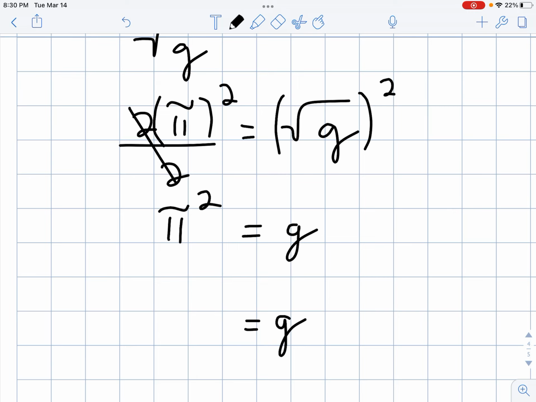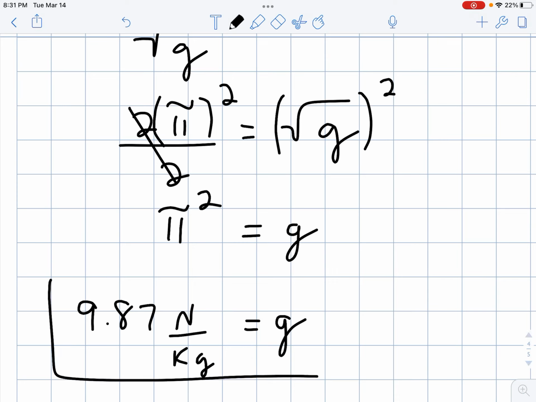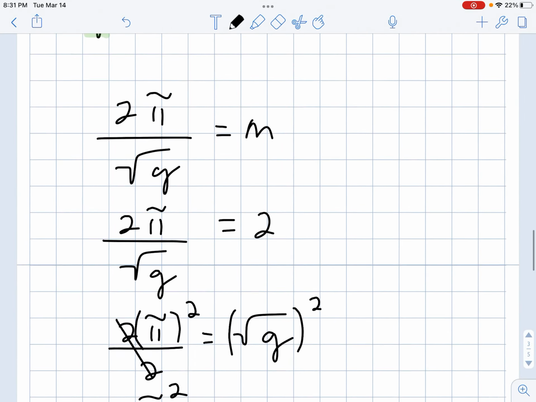Pi times pi. 9.87. 9.87 newtons per kilogram. That's pretty awesome. So very, very close to 9.8, the actual value of G at the surface of the Earth, I should say. So there you go.